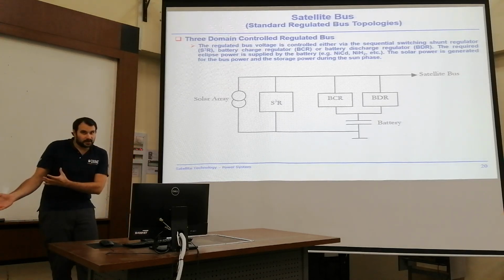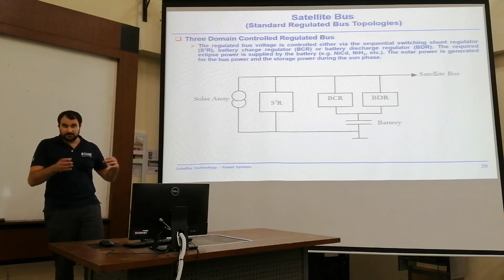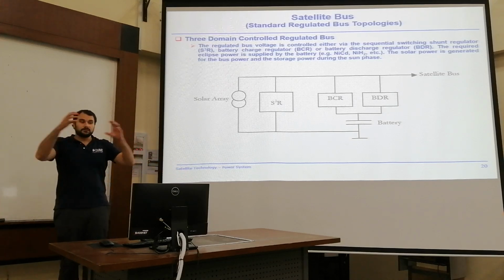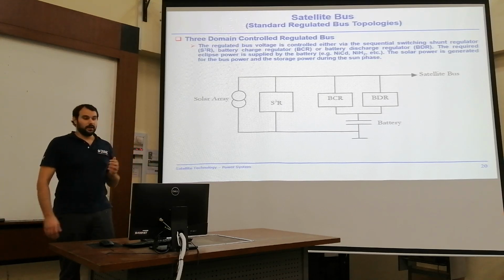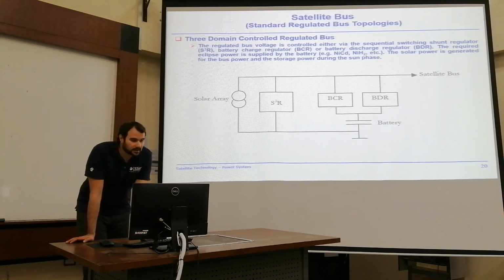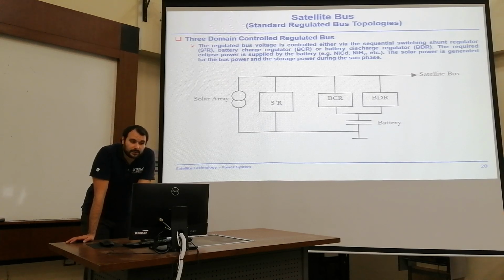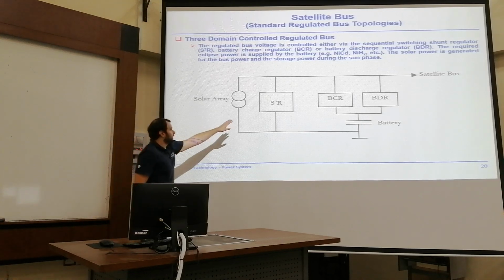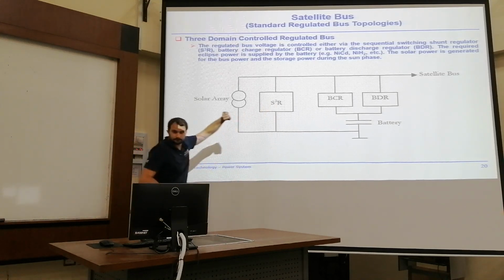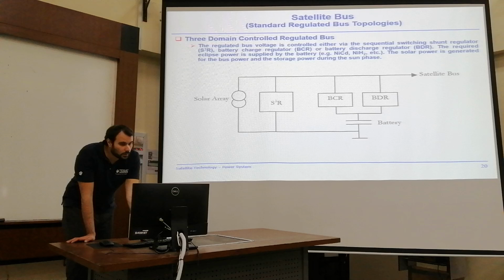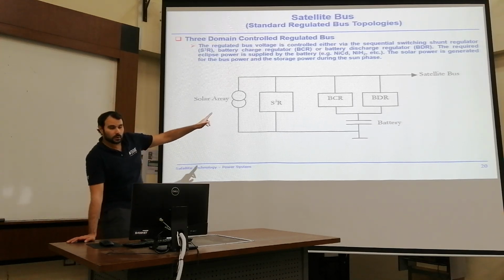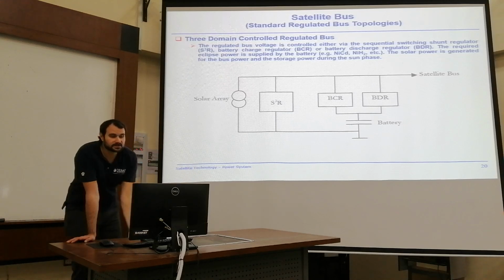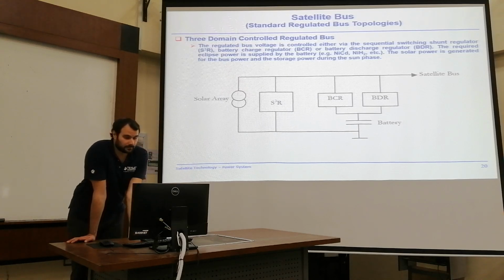for the regulated bus technology, you could use a 3-domain controlled regulated bus. That means that the regulated bus voltage is controlled either via the sequential switching shunt regulator, the SR3, a battery charge regulator, BCR, or a battery discharge regulator, BDR.